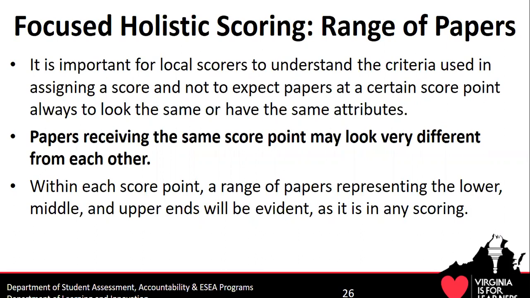While grading and scoring are not the same things, this is something that is similar between the two. So when you're in Understand Scoring looking through those anchor papers, it is important to notice the differences between all of the papers within one score point. When looking at the 3s and when looking at the 4s, look at that wide range.